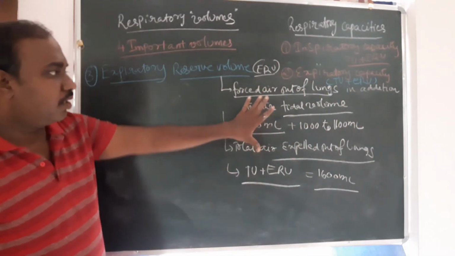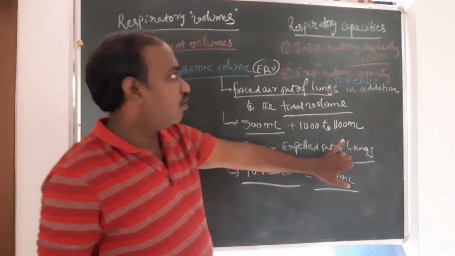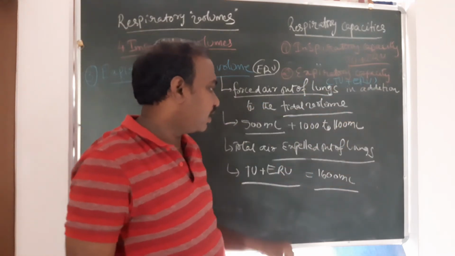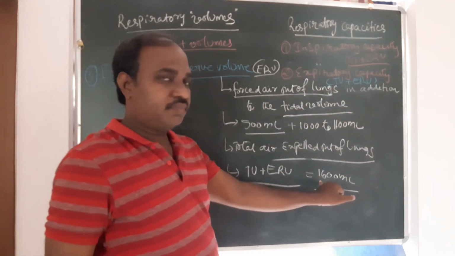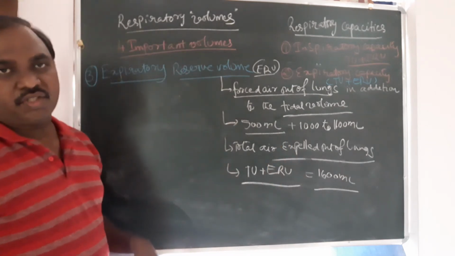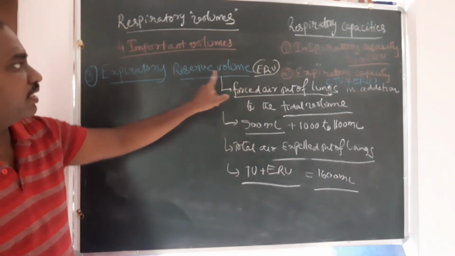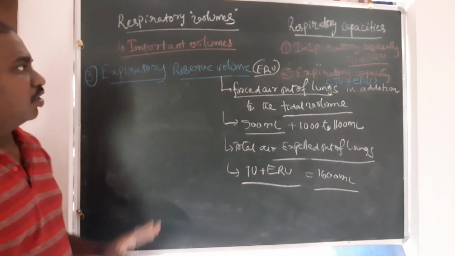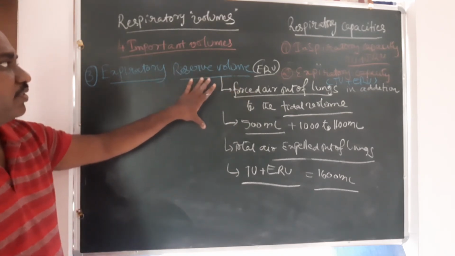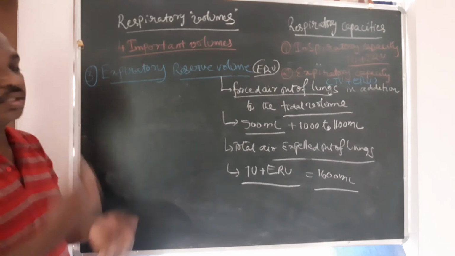So that is the total air expelled out of the lungs. How much of it? 1600 ml. That is one more capacity. So these are related to the lung capacities.